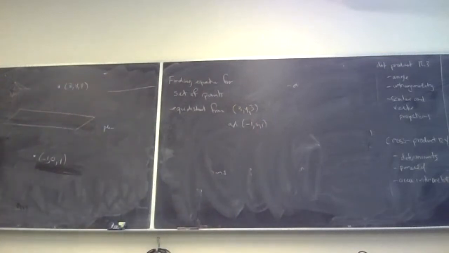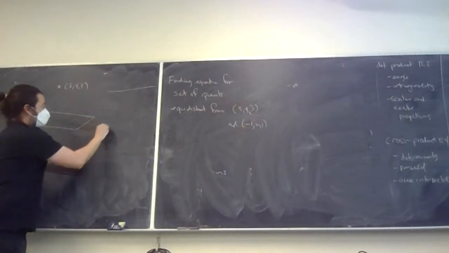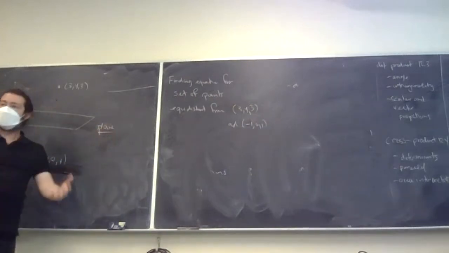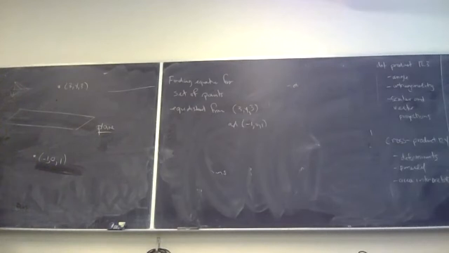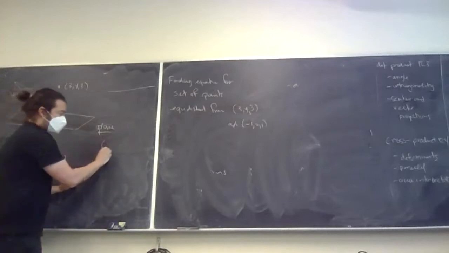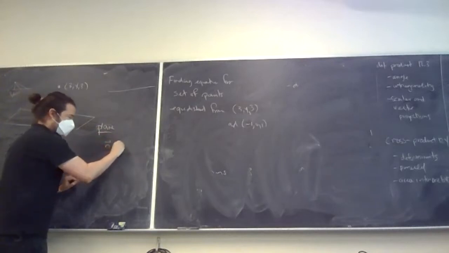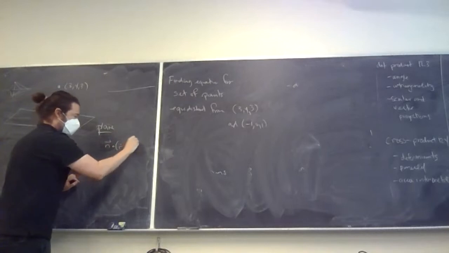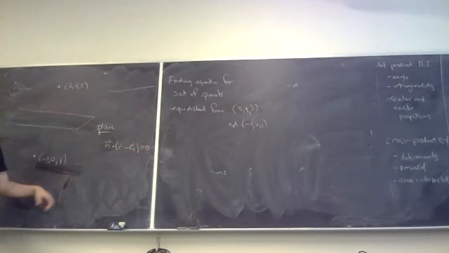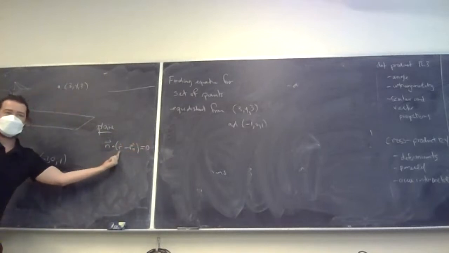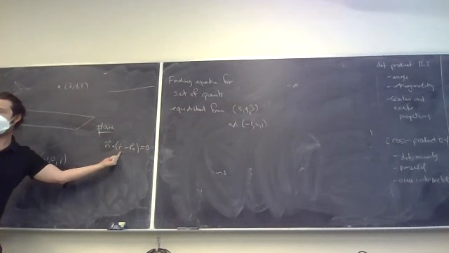So the first thing is just to know this is a plane that's going to solve the problem. But if I'm going to write down an equation of a plane, what do I need to have? I'll give you a hint. That's the variable in this equation. So I need two pieces of information to write down the equation of the plane.